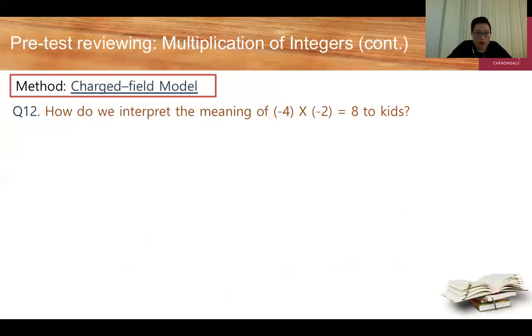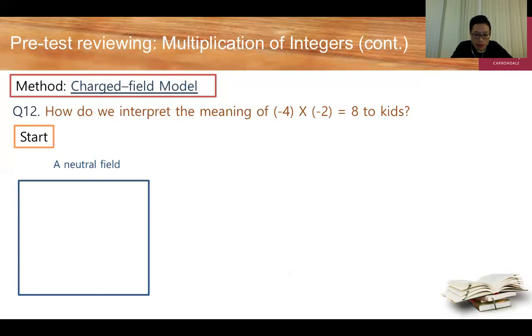Now the charge field model. So same, we start from a neutral field. The multiplication here is -4, right?